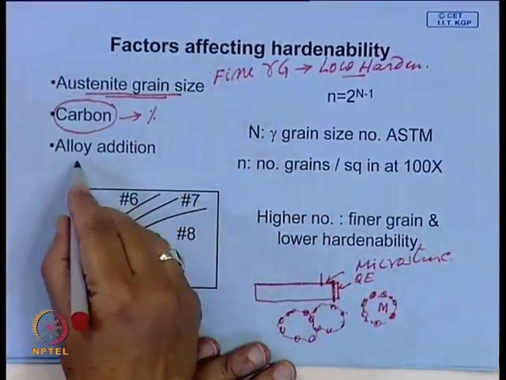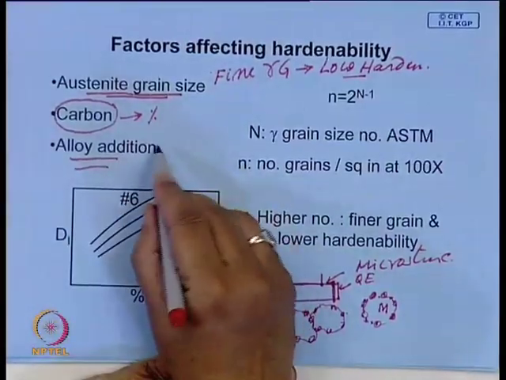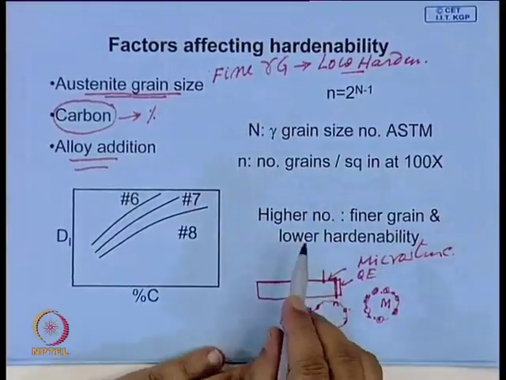So, therefore, you will be able to get a full martensitic structure with a much slower cooling. Later on we will also see that the addition of other alloying elements also affects hardenability.